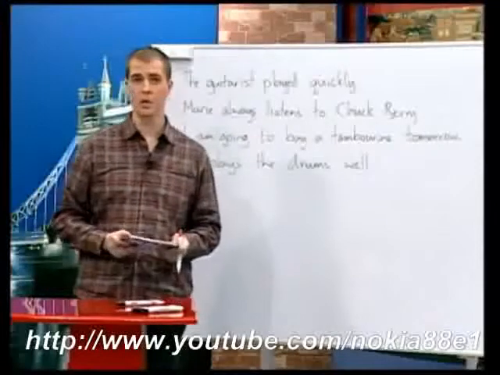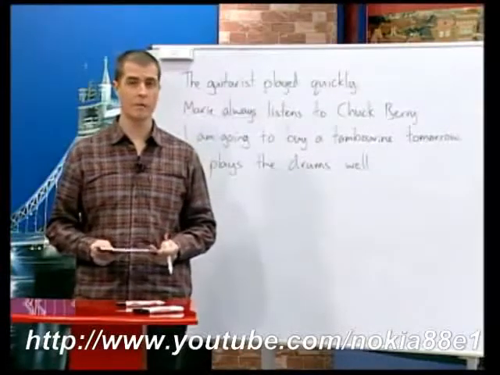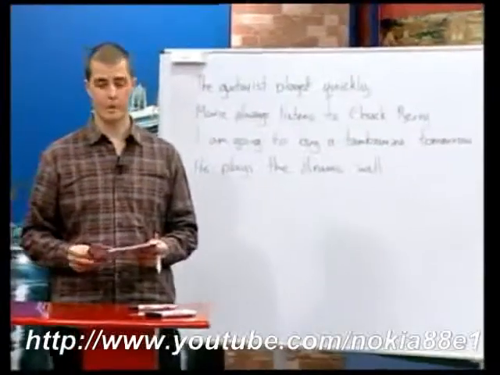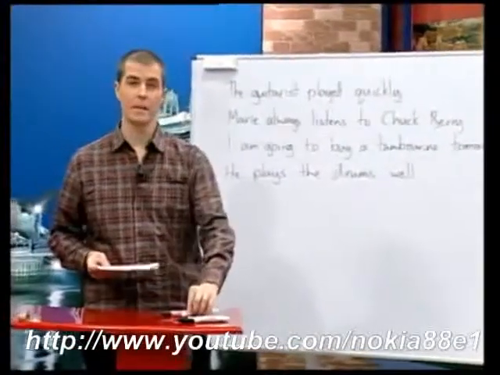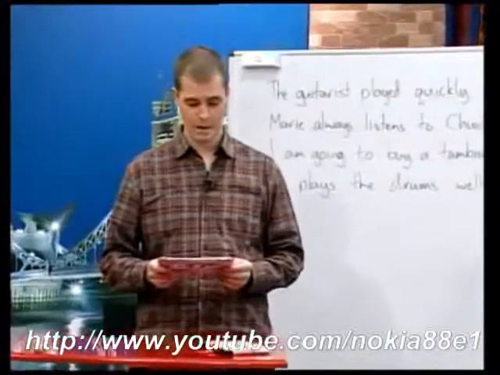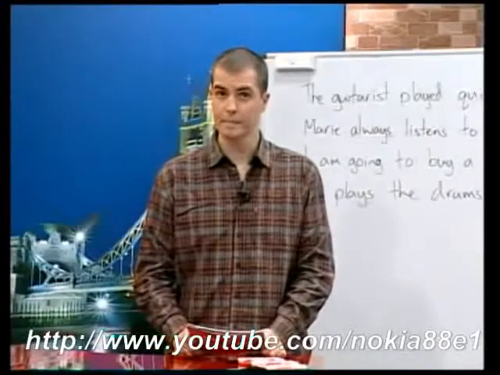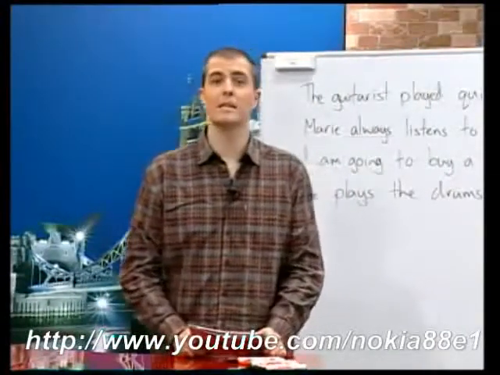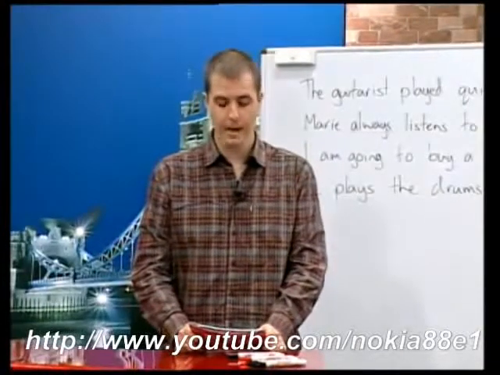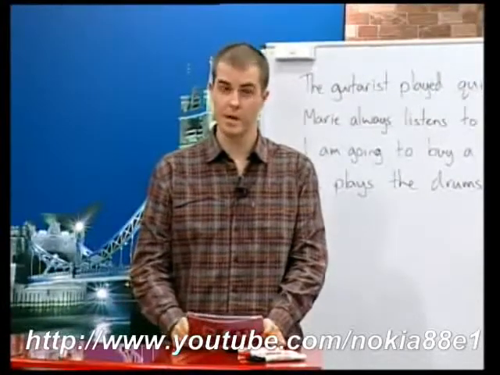Adverbs are words or groups of words that describe or add to the meaning of the verb, an adjective or another adverb. They can be of time: early, late, yesterday. They can be of manner: well or quickly. They can be of place, for example, upstairs, downstairs. And they can be of frequency: always, often, sometimes, rarely.